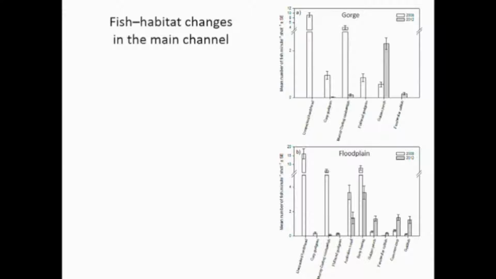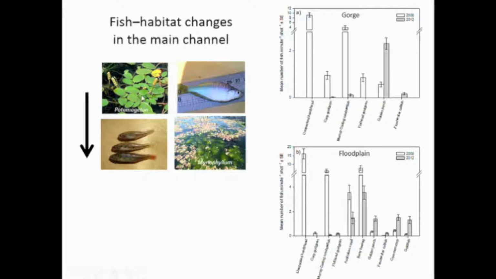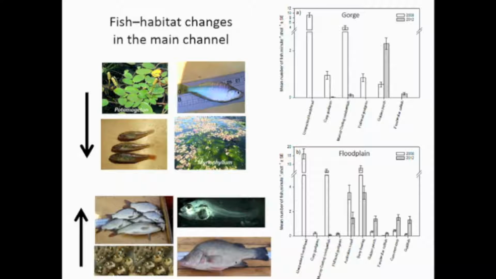In both gorge and floodplain areas, you see a general reduction in small-bodied fish, and this is likely associated with the loss of submerged macrophytes, because small-bodied fish need that microhabitat. But there's a huge increase in golden perch and also carp. It's mostly due to life history processes, because they increase spawning and recruitment after flood, while habitat-wise, they are more flexible and are not associated with a typical type of microhabitat.